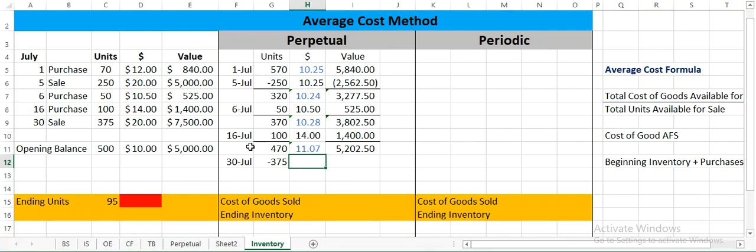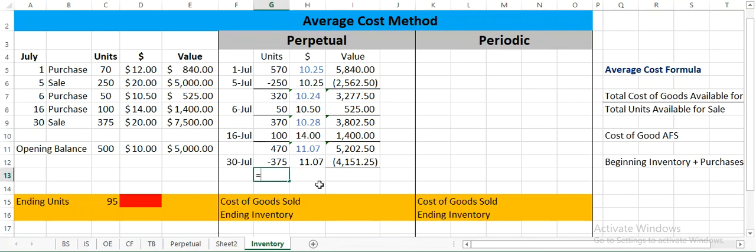What we do is we take the exact average cost that we just calculated, $11.07, as the value that we assign to these inventory assets sold. And so 375 times 11.07 gives us 4,151.25 as the new value associated with the sale.